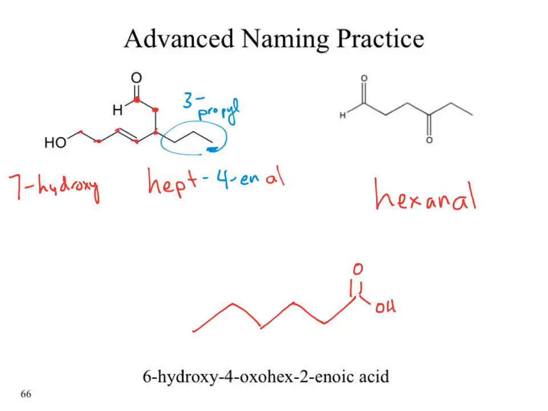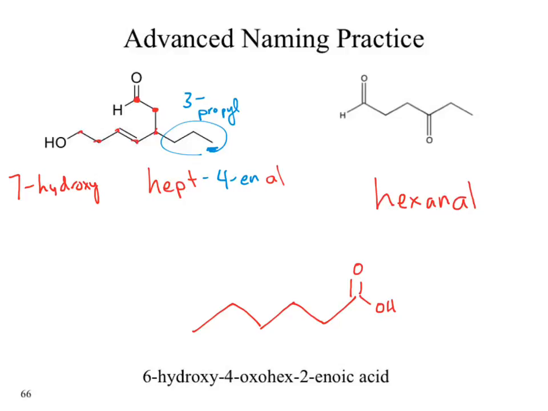The hybridization classification comes in the parent name, if you want to call it that. It's not considered a substituent. It will go 7-hydroxy, 3-propyl, hept, 4-ene, al. We would not go 3-propyl, 7-hydroxy because our substituents go in according to alphabetical order. Okay, so H comes before P.